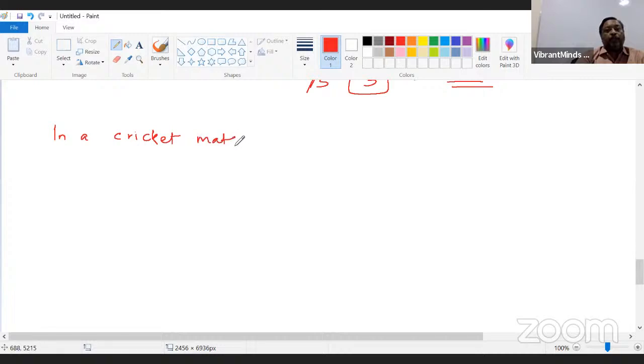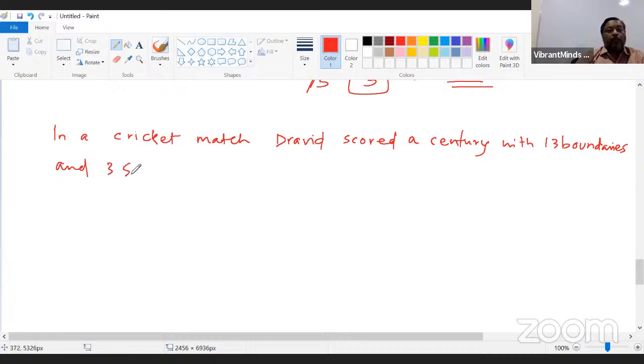In a cricket match, Dravid scored a century with 13 boundaries and 3 sixes.